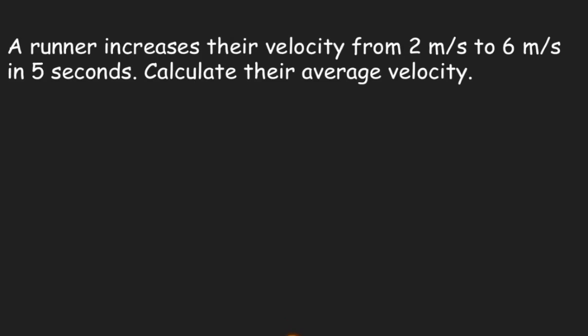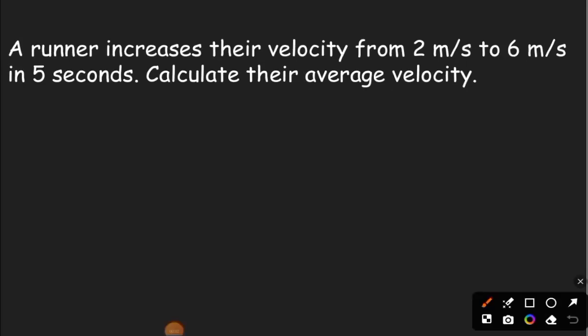A runner increases their velocity from 2 meters per second to 6 meters per second in 5 seconds. Calculate the average velocity. So the formula for average velocity is, let me represent it with AV equals initial velocity plus final velocity all over 2.